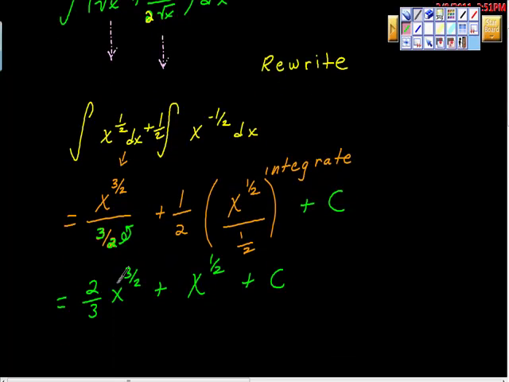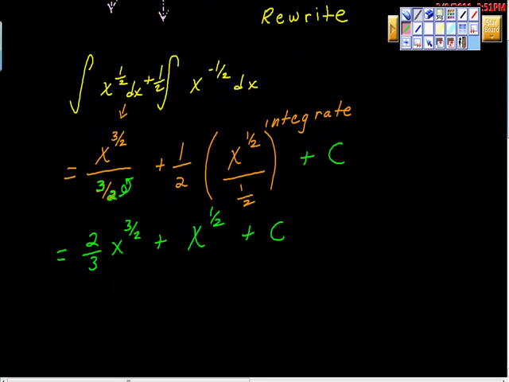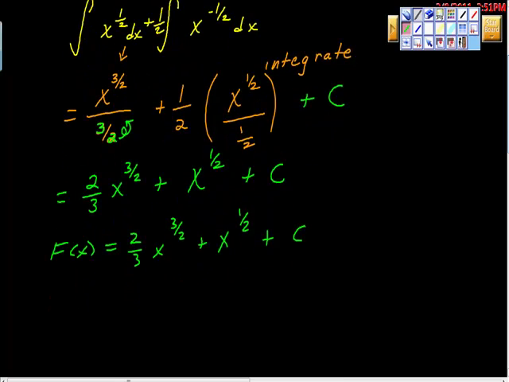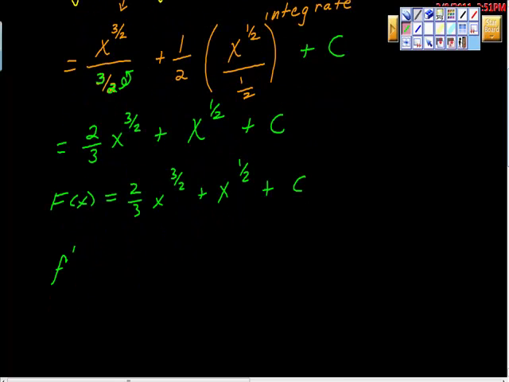So if you don't mind, I'm going to call that thing f of x, and I'm going to say it's equal to 2/3 x to the 3/2 plus x to the 1/2 plus c. I'm going to take f prime of x, so ddx of this plus ddx of that.